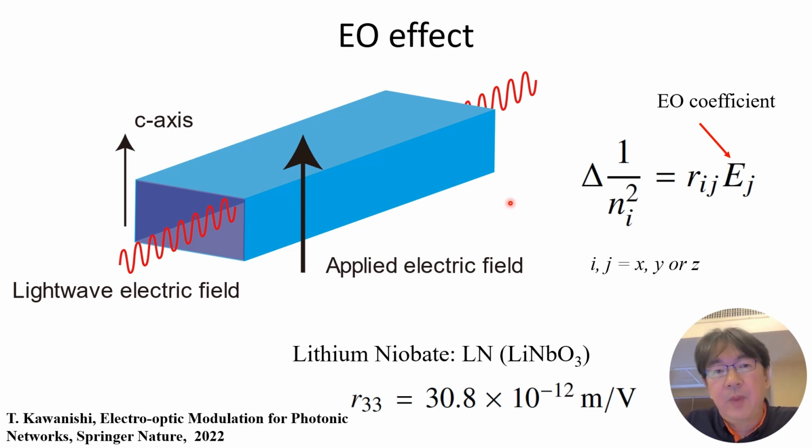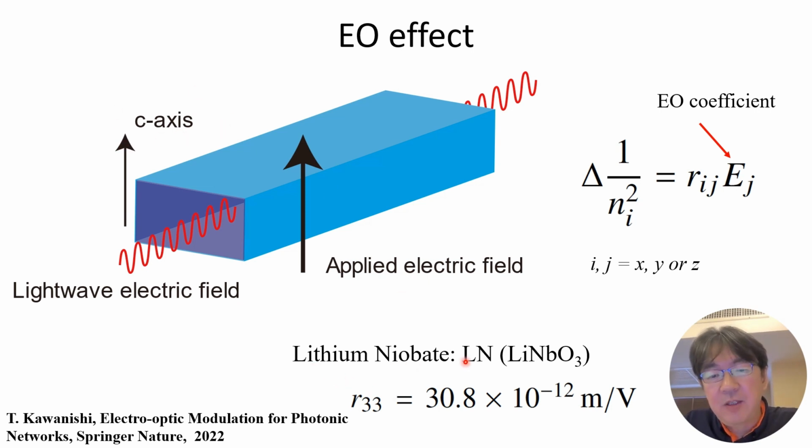Okay, here I'd like to explain the EO effect, electro-optic effect. In the EO effect, we can change the refractive index of the material. Some particular materials would have large EO effect along the particular crystal structure direction. We call it the C-axis.